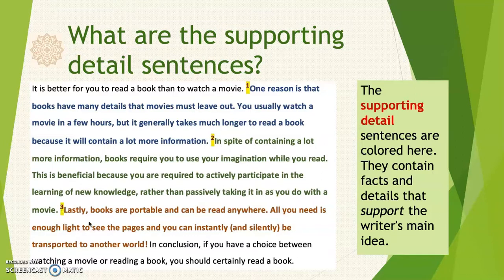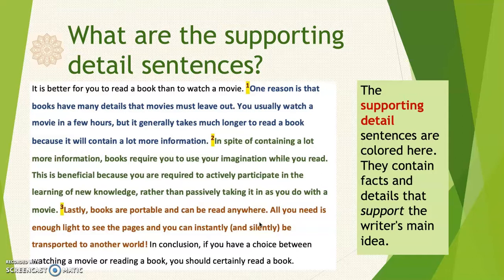And then this one, these 2 sentences, it says "lastly" because it's the last supporting detail, not because it's the end of the paragraph, but because it's out of these. Here we have one reason, we have here another, and then we have "lastly." We use this to say, and here's my last reason.